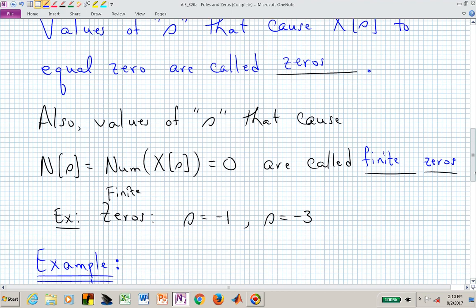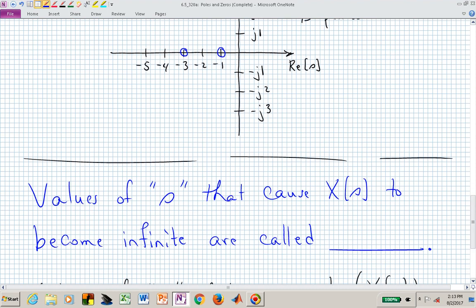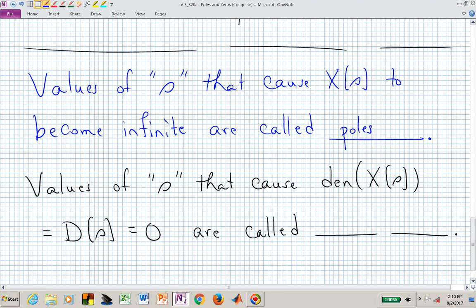We can contrast that with the notion of poles. Values of s that cause capital X of s to become infinite are called poles. And values of s that cause the denominator of capital X of s, capital D of s, to equal 0 are called finite poles.